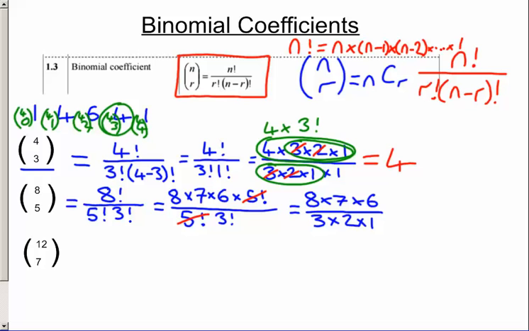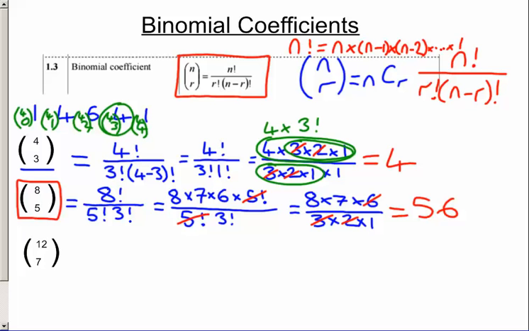And again we can cancel. Well, 3 times 2 is 6, so they just cancel with 6, giving us 8 times 7, which is 56. So (8, 5) is 56.